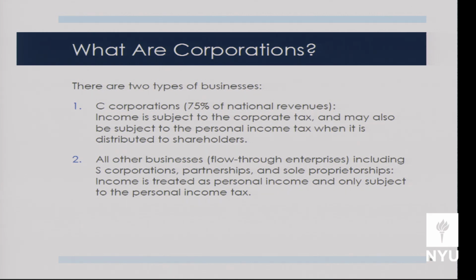There's a whole host of other organizational forms, including the S corp and partnerships and sole proprietorships. In the case of firms organized in this second set of categories, income is not taxed at the corporate level. Instead, whatever income is earned each year, most of that must be sent out to the shareholders of the firm or partnership.